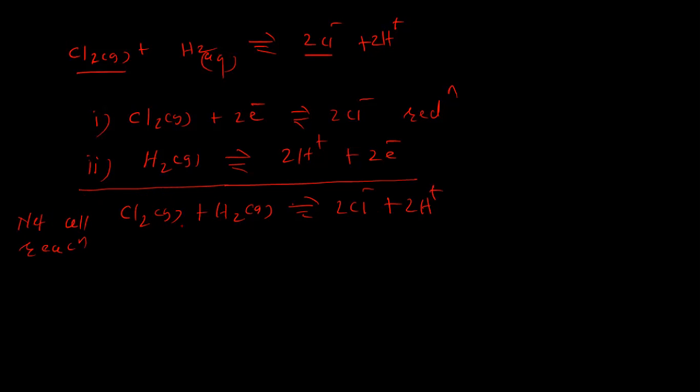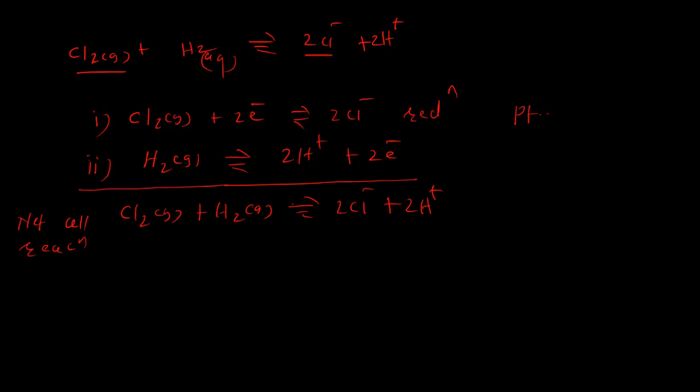This net cell reaction belongs to which type of cell? So first of all, we have to write the two half cell reactions. Now this half cell reaction belongs to which electrode? Chlorine is a non-metal. So as there is a non-metal, we require the platinum metal. So the electrode can be constructed in this way.